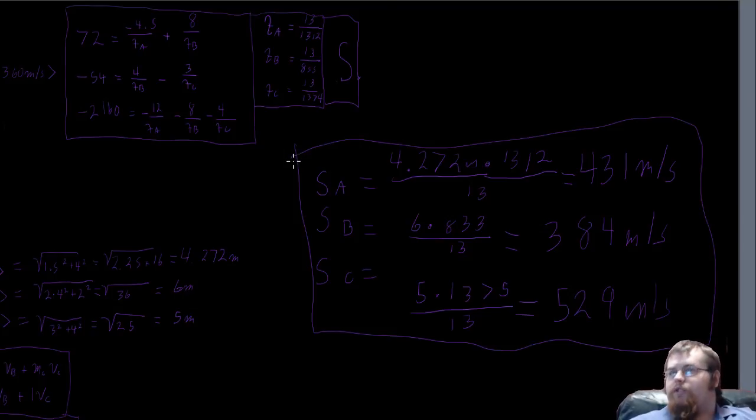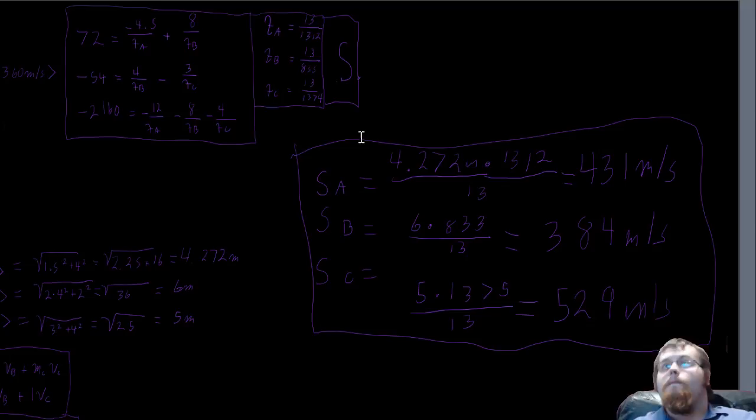And just one quick check to see if that's what's found in the back of the book, which I have pulled up somewhere on the computer. Here it is. 395.